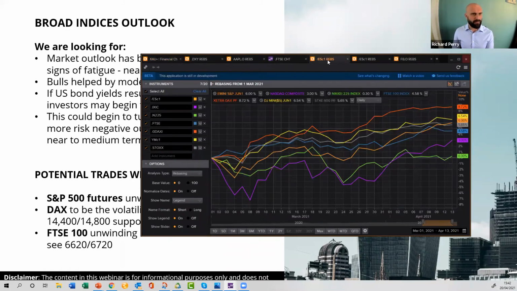Right, this is since the beginning of March. So throughout March, we've seen all these indices moving decisively higher. Look at that at the top. DAX, 8.7% up since the beginning of March. Really strong run. And you've seen the S&P 500 doing well, the Dow doing well.